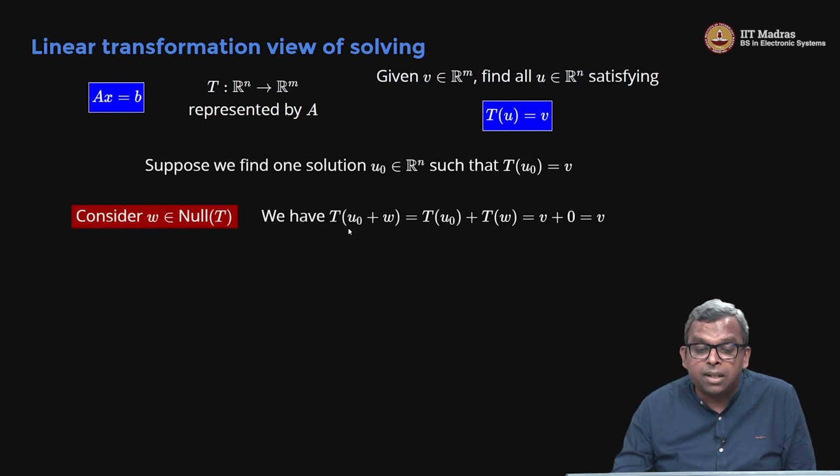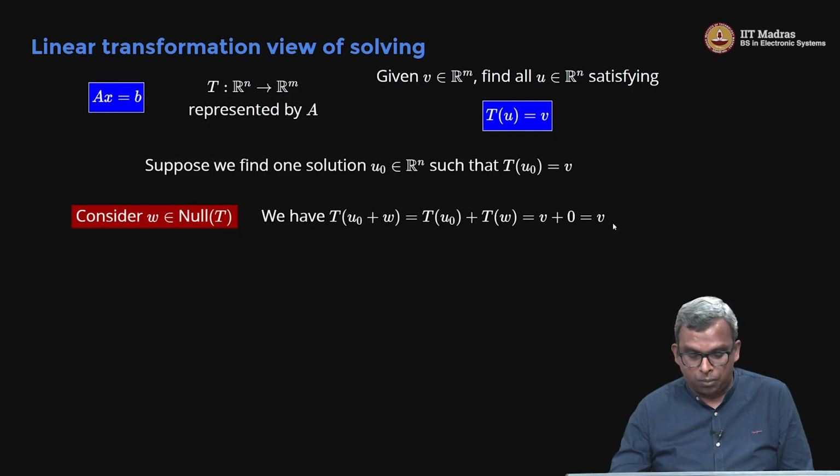Because T is linear, T of u naught plus w is going to become T of u naught plus T of w, right? But what is T of w? 0. What is T of u naught? v. Okay, so notice what is going on. Once I have one solution, any vector in the null space will give me another solution, because T of u naught plus w is also v.